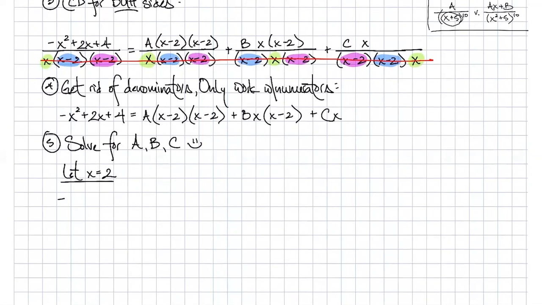So I get negative 2 squared plus 2 times 2 plus 4 equals A times 0 times 0 plus B times 2 times 0 plus C times 2. Does that make sense where I got all those numbers from?